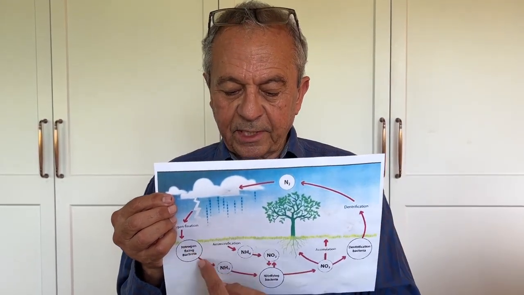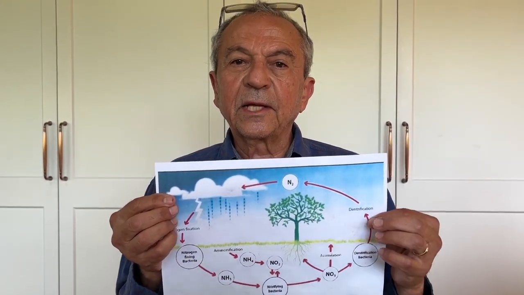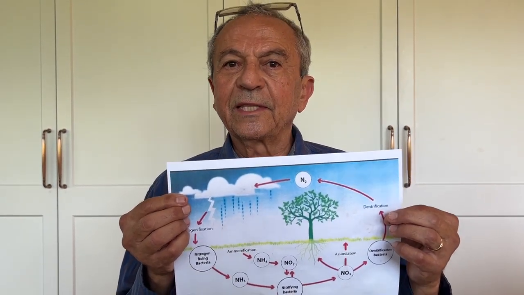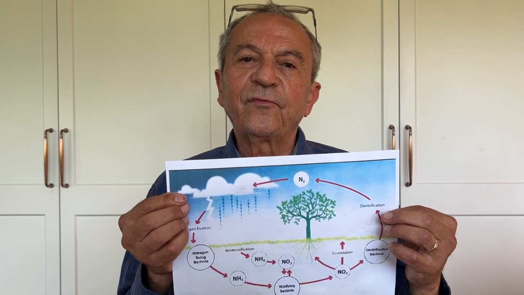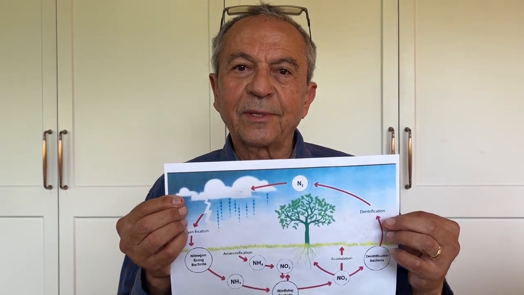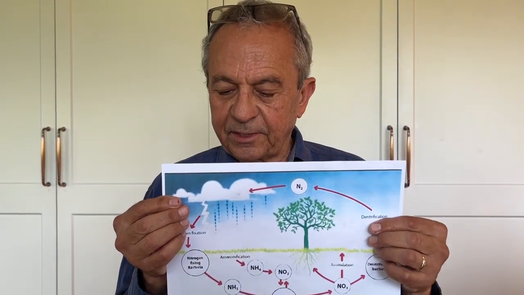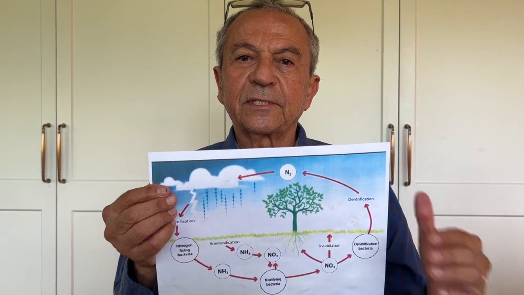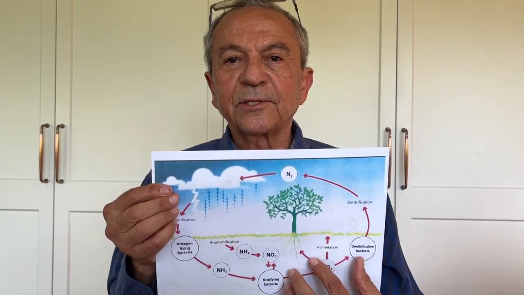The other component comes from bacteria, nitrogen-fixing bacteria, which are either free roaming in the soil or they live in symbiosis with the root, as in the case of legumes, as we shall talk about later on, not necessarily today. Okay, so these are the main two contributors to nitrogen entering the soil system.